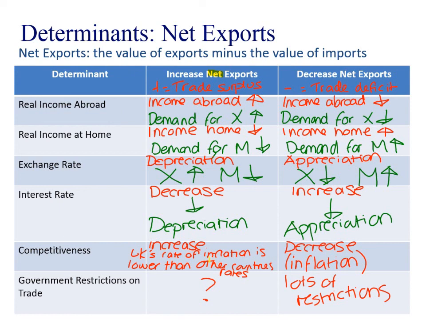I put a question mark because when you tend to get restrictions on trade, other countries retaliate. It's not as clear cut as just lots of restrictions decreasing net exports. But it could influence how many imports you have.